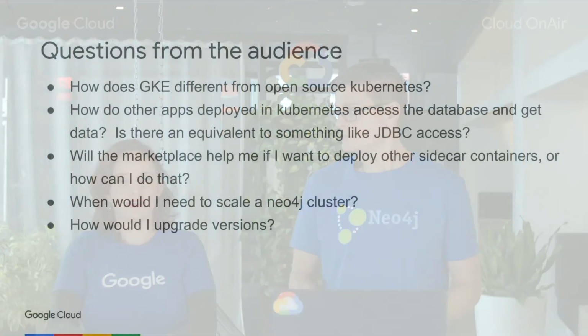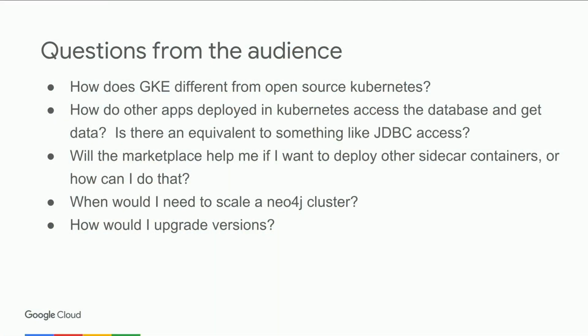When would I need to scale a Neo4j cluster? Usually what we recommend with clusters is that before you launch it, you think a little bit about how much hardware you're going to need so that you end up with the right size of core nodes. One of the most common cases where you'd want to scale a cluster is, say you have a database that's under a heavy transactional workload and it's taking writes all the time, but you also want to run some heavy analytic process against it.